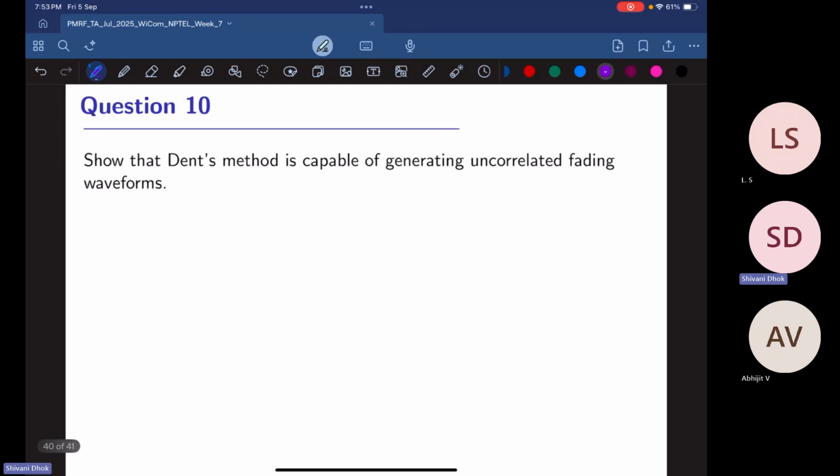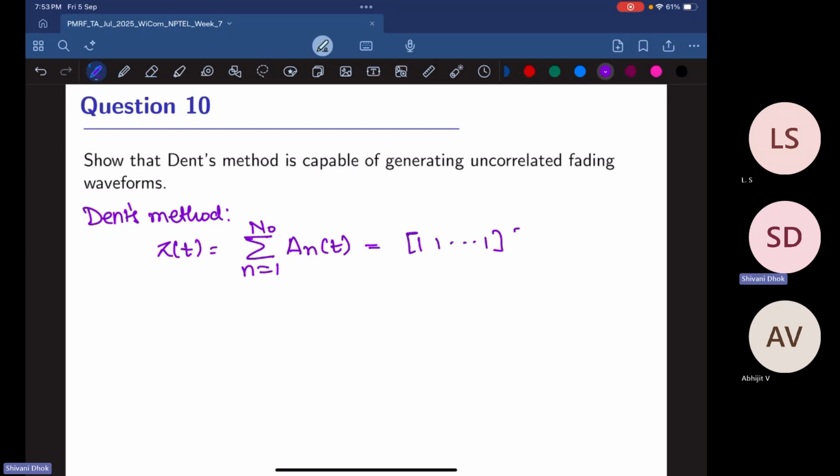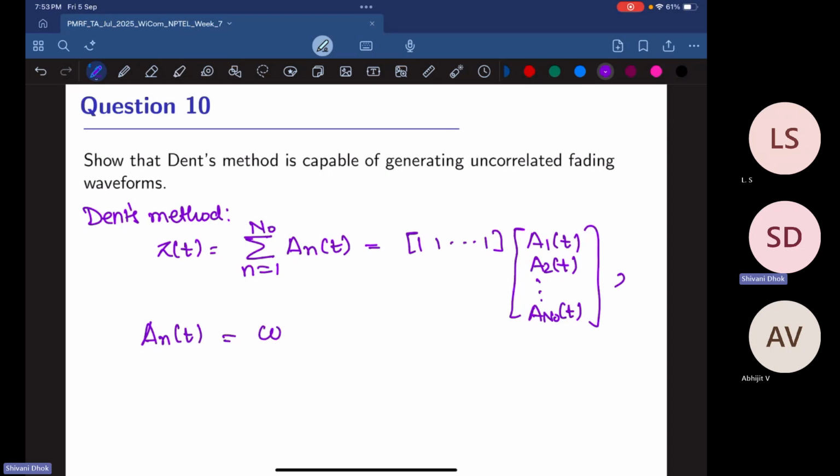How the dense method works is, we have z of t as summation n equal to 1 to n naught of a n of t, which is also equal to 1, 1 and so on till 1 into a1 of t, a2 of t, up to a n naught of t, where a n of t is basically cos beta n plus j sine beta n into cos of 2 pi fn t plus phi n.